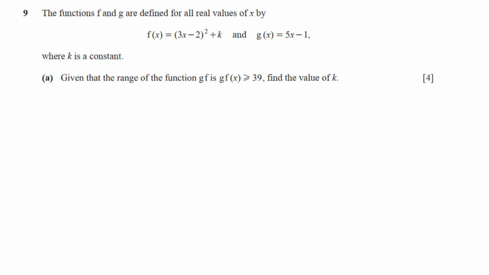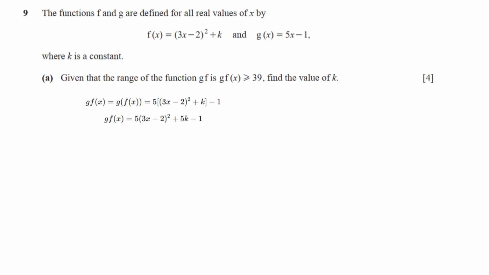So first let's calculate gf, that is substitute the value of f of x in g of x. So 5 times 3x minus 2 the whole square plus k minus 1, which is equal to 5 times 3x minus 2 the whole square plus 5k minus 1, and this is gf of x.